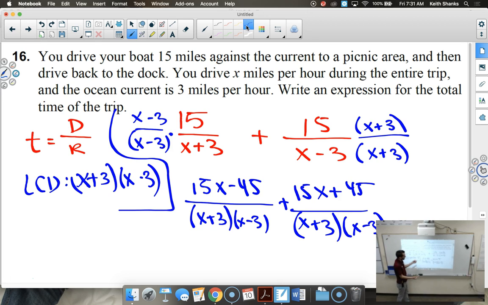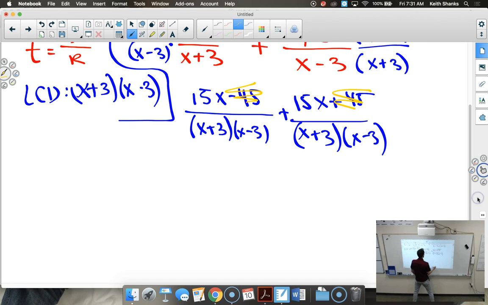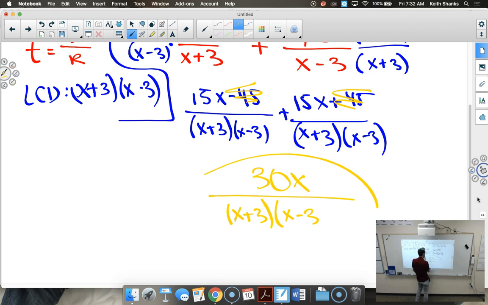And on the top, as I start to add them together, it's really nice. My 45s are going to cancel out, and I'm left with 30x over x plus 3, x minus 3. And I would just leave my answer like that.